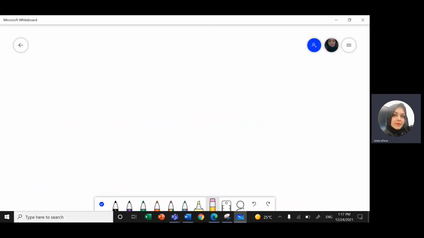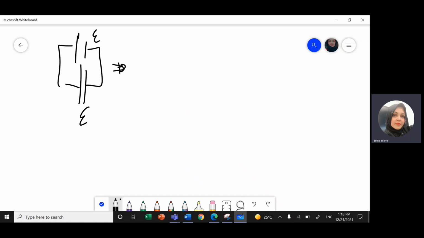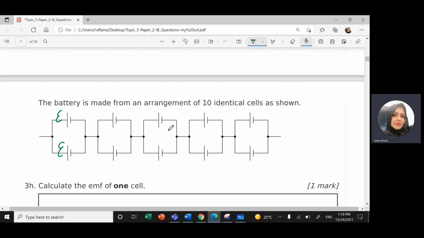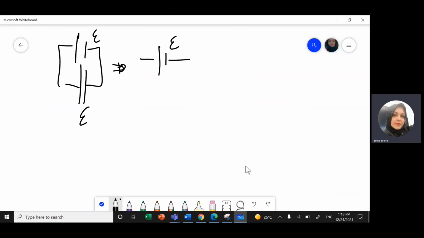So if you have two cells connected in parallel, each one of them has electromotive force E. The equivalent electromotive force is still E or epsilon. So here I will have how many? 1, 2, 3, 4, and 5.